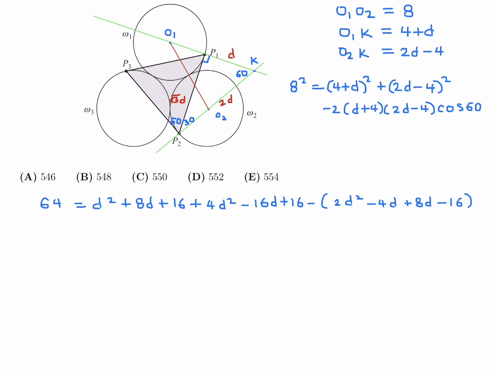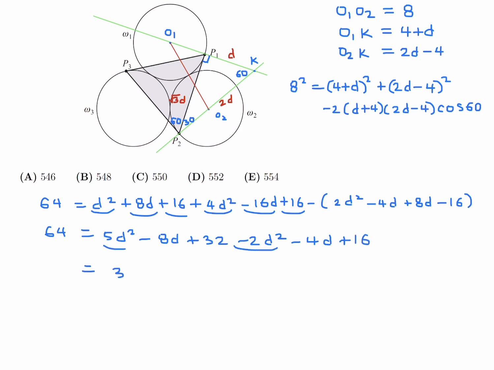So 64 is equal to 5D squared, this guy and this guy, and then minus 8D plus 32 minus 2D squared. And then that's 8 minus 4, 4, so minus 4D and then plus 16. And then putting it all together, it's going to be 3D squared minus 12D minus 16, and that equals 0. Okay, great.